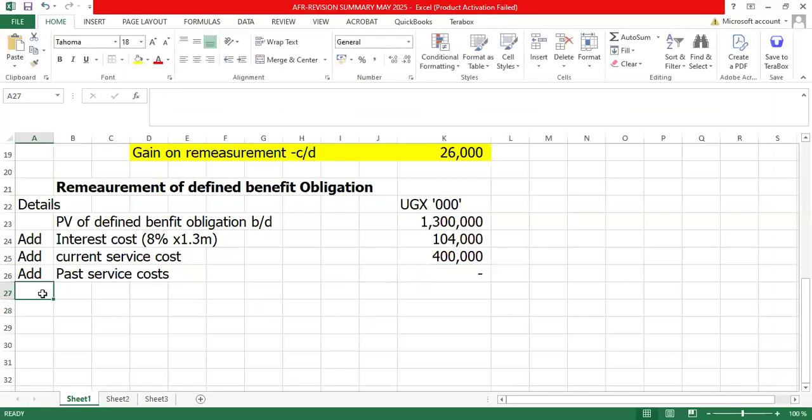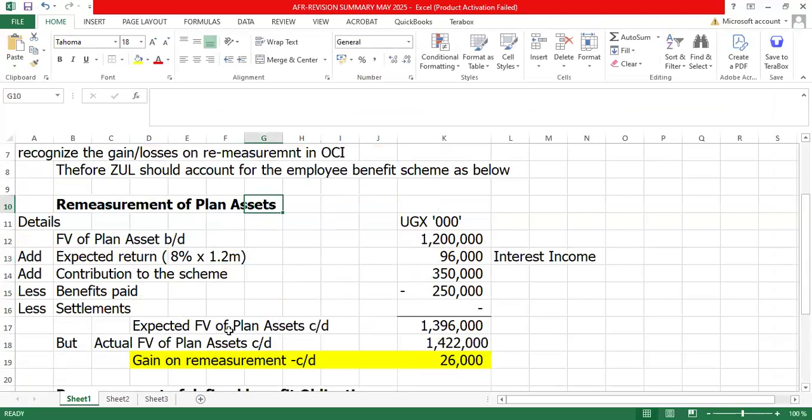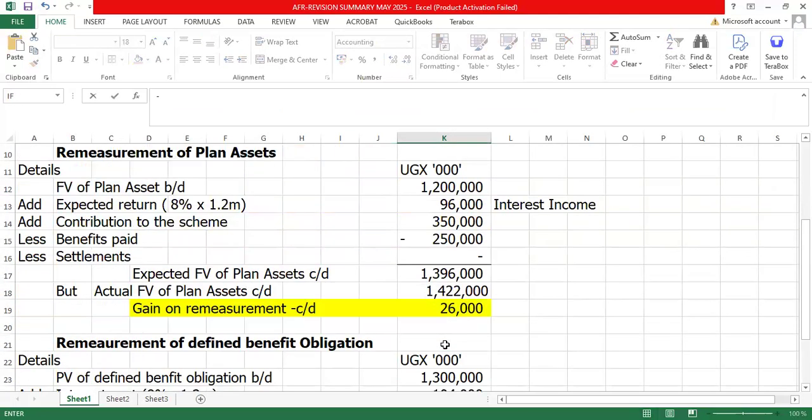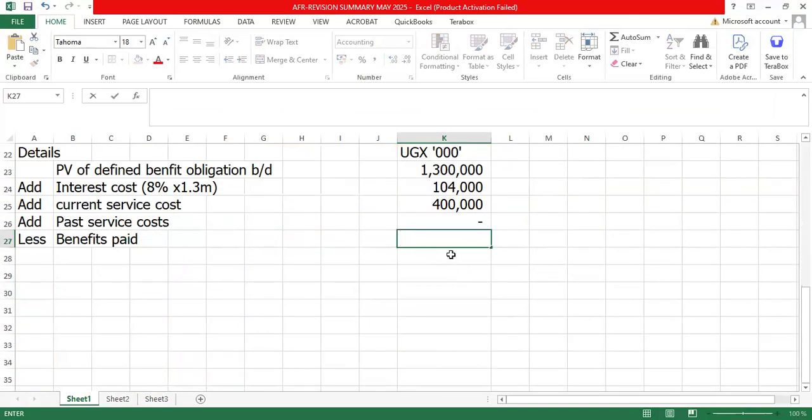Then next, you are going to now less the benefits paid. As I said, benefits paid appear on both sides, assets and liabilities, the same amount of money, but there must be a negative, okay? That is negative 250.